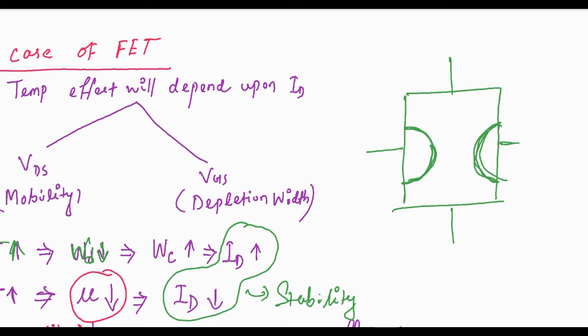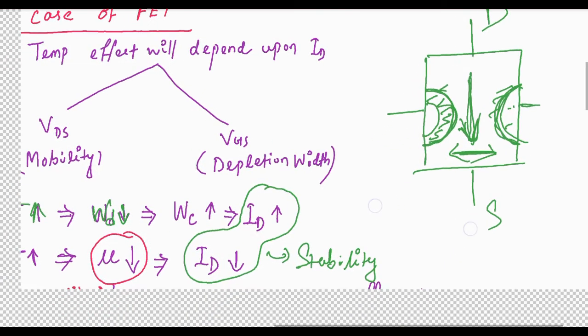Depletion width means this one is the depletion region at the junction. As the depletion region decreases, the conduction region, because this one is conduction, drain and source, this width will increase, and drain current will increase.